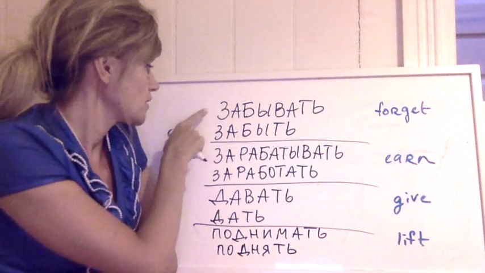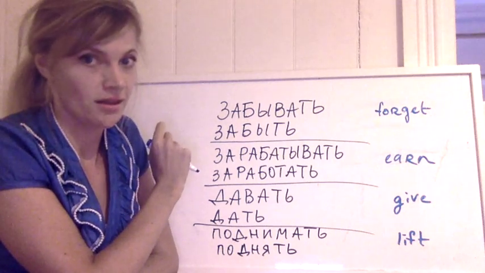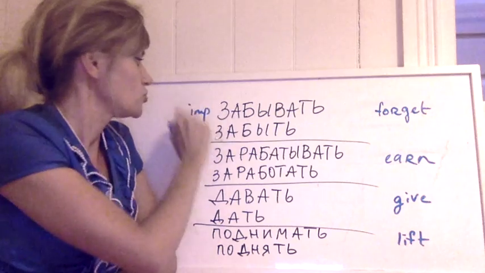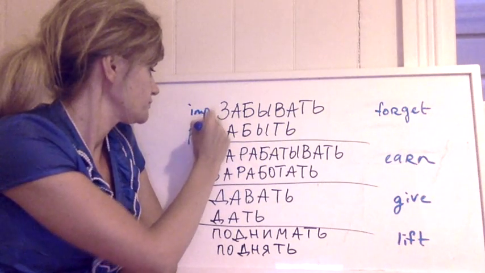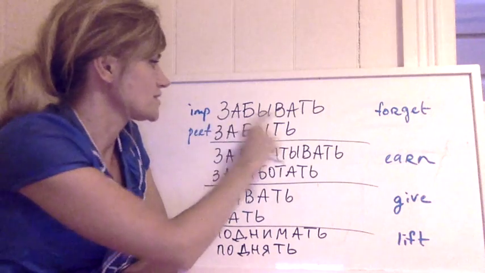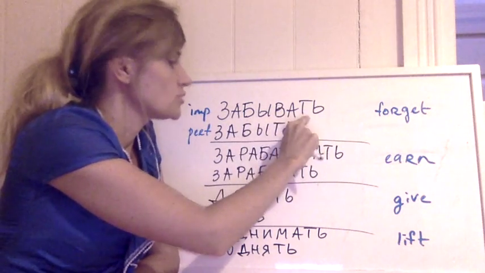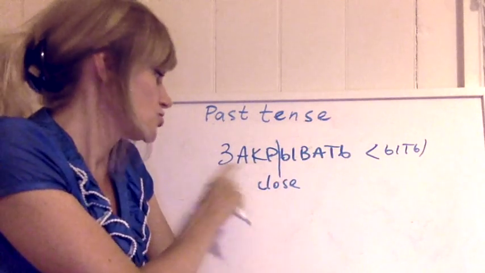Sometimes verbs come as a whole package. You don't need to invent anything. There is an imperfective form, which is longer, and a perfective already here. For example, забывать, забыть, forget. This one is longer, so the process is longer. And this is how it looks in a dictionary.